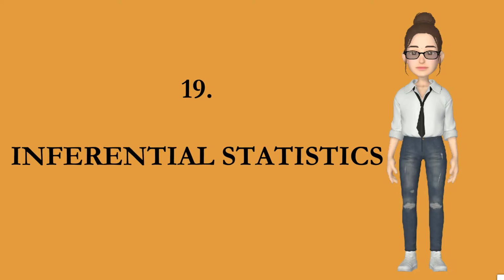Let's move on to our next topic, which is inferential statistics. So guys, we just completed the probability module. Now we'll discuss inferential statistics, which is the second type of statistics. We discussed descriptive statistics earlier.